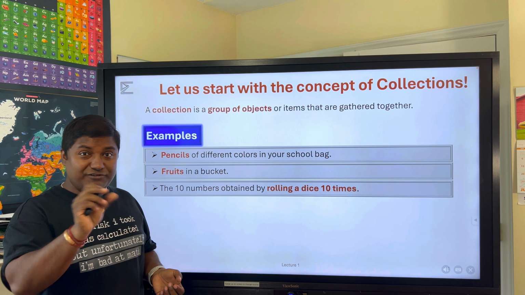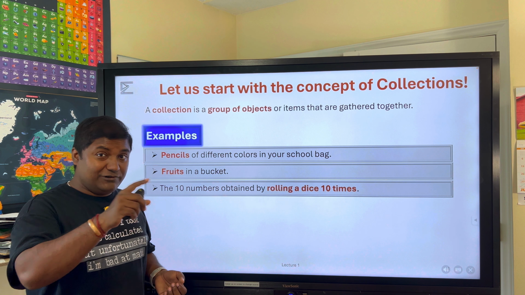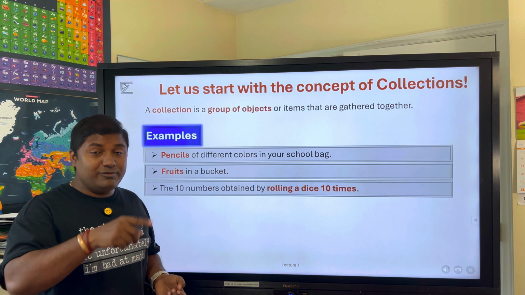If you roll the dice 10 times, you're going to get 10 numbers. And if you list all those 10 numbers, that will be a collection. Collection of what? Collection of 10 numbers obtained by rolling the dice 10 times. Now we are going to learn 3 simple but important ideas, starting from distinct.